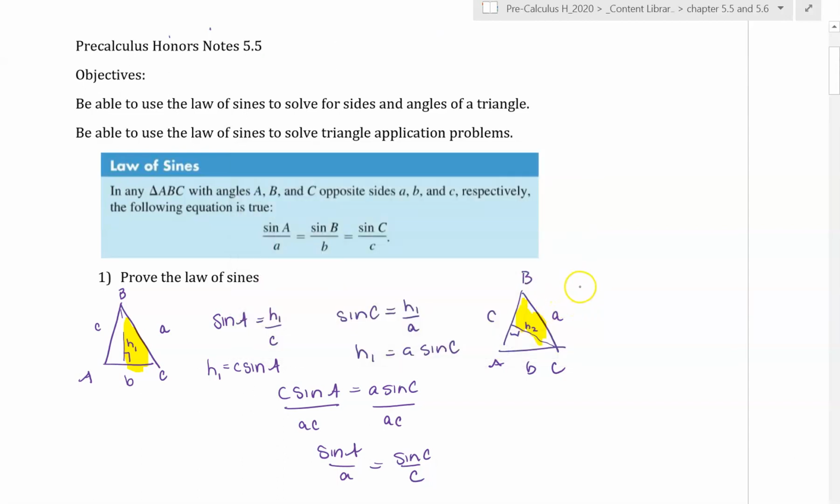So in the yellow triangle, you could say that the sine of angle B is equal to H2 over A. And then over here, if I'm thinking of angle A, the sine of A is opposite over hypotenuse, so that would be H2 over B.